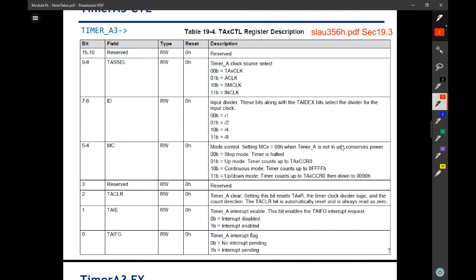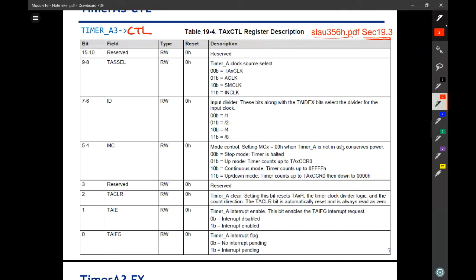Okay, let's look at this register. The first register we need to look at is timer A3 CTL. In your code, it is timer A3 arrow CTL. Also, you can find this table in section 19.3.